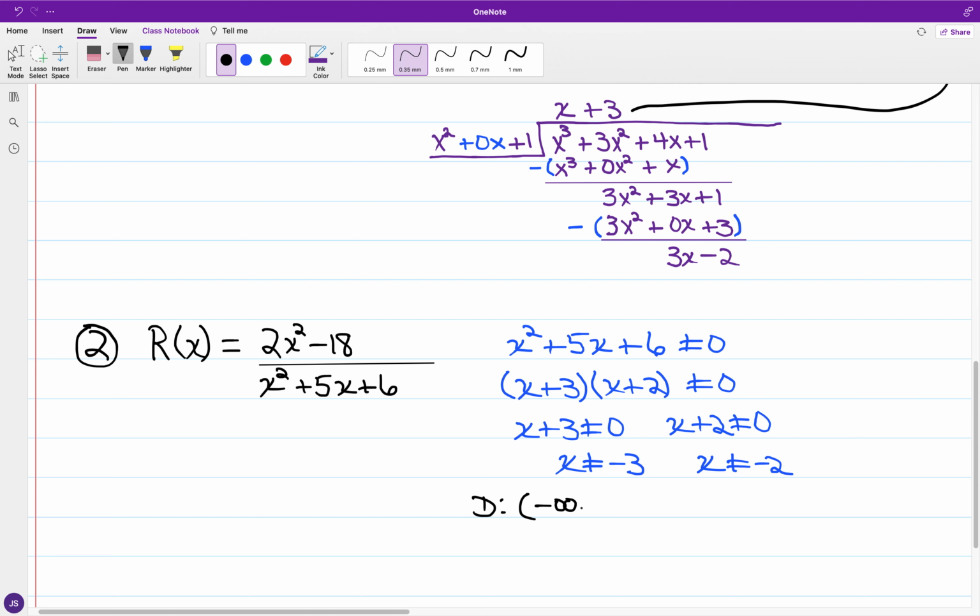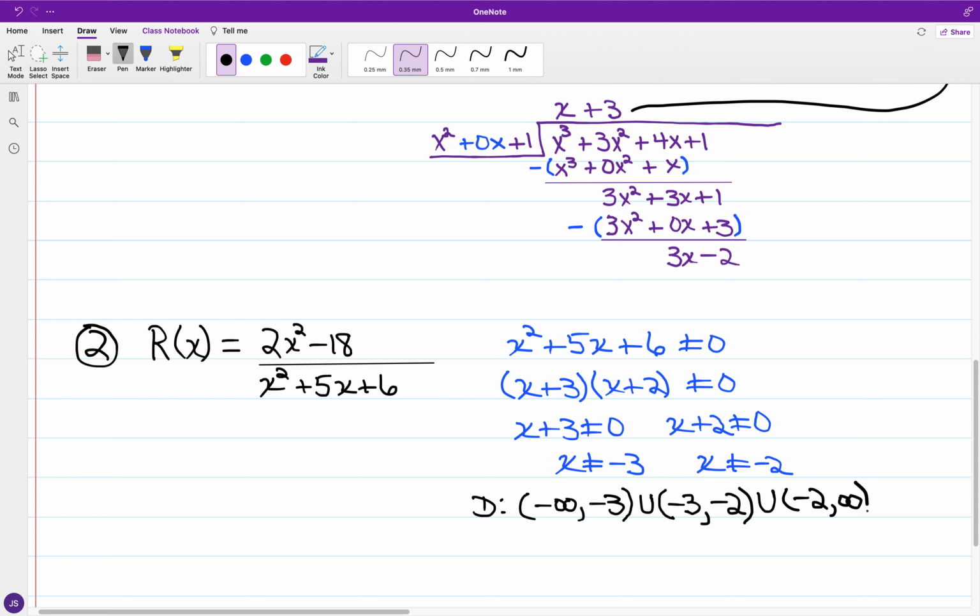From the lower end, we have those values of x that are less than negative 3, in between, those values of x between but not including negative 3 and negative 2, and for the rest of the set, those values of x greater than negative 2.